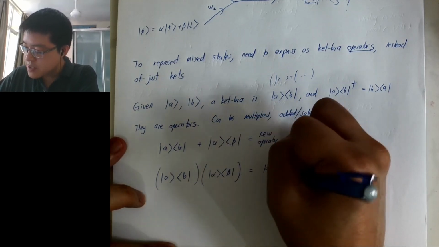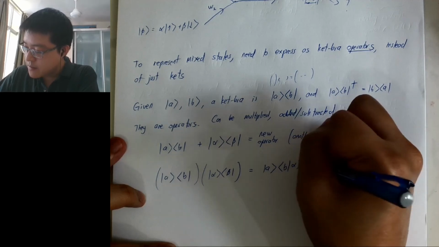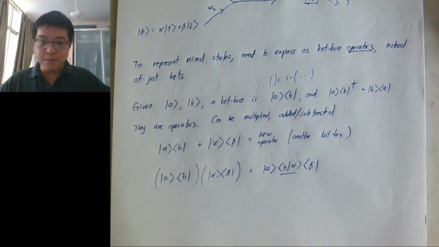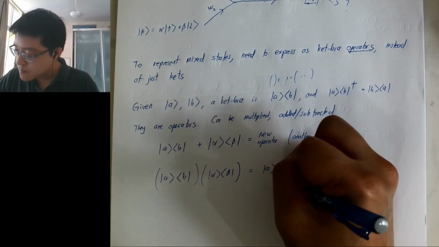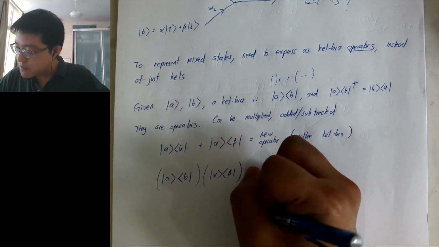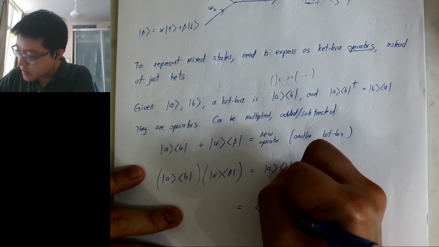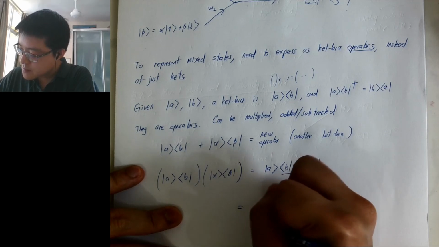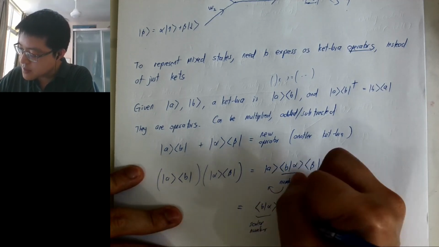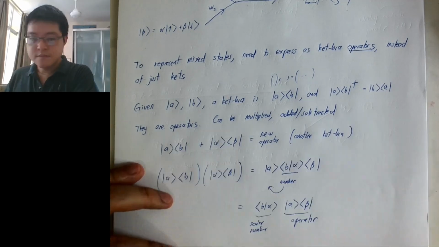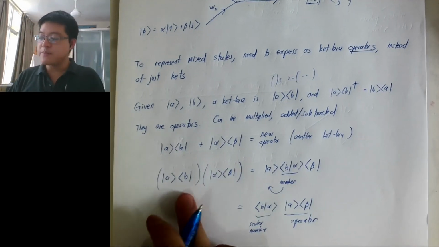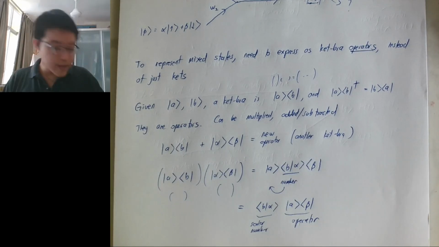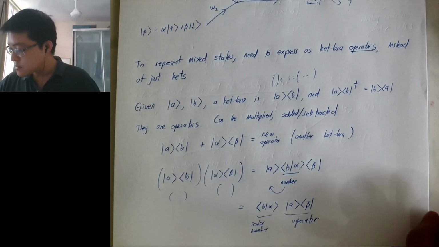This is why the ket bra notation is so nice. You just put everything together, and the moment you do this, <B|alpha> becomes a number. If it's a number, I can move it out, so it's <B|alpha> times |A><beta|. This is a scalar number, and this is a ket bra, so an operator. An operator times an operator is basically like a matrix times a matrix, giving you another matrix at the end. So you can do all these things with the ket bra operations.